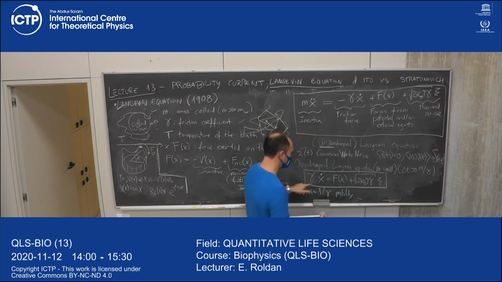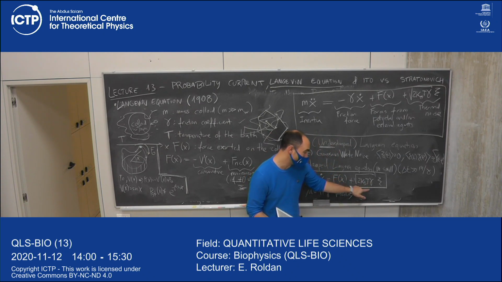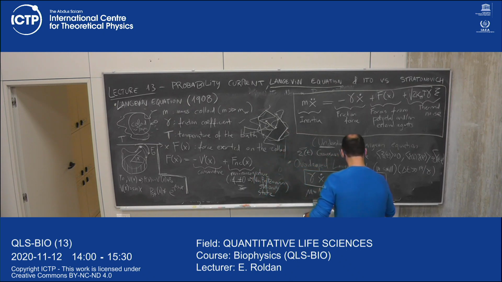And if gamma comes down here, this becomes 2 kBT gamma divided by gamma squared. It becomes 2 kBT divided by gamma, and that's D. It's 2D. So I use also the Einstein relation, D equals kBT over gamma. This is from Einstein.